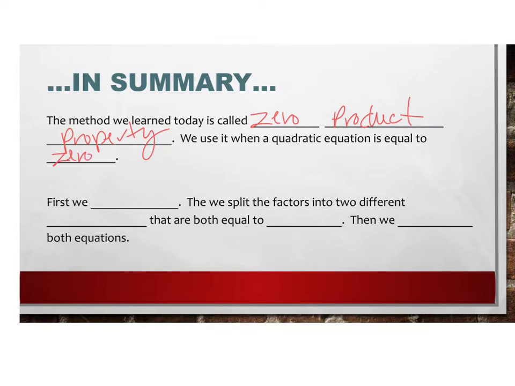First, we factor. Then we split the factors into two different equations that are both equal to the ever-popular 0, and then we solve them. And when we solve them, we come up with our roots.